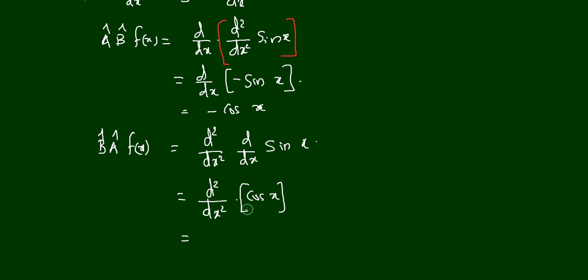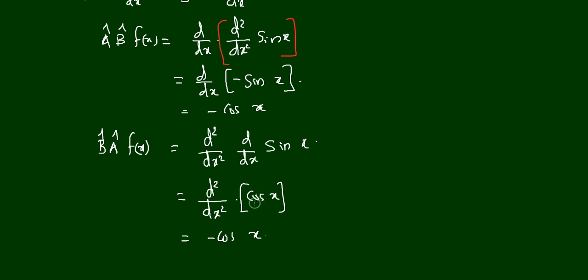What is d²/dx² of cos x? That is equal to minus cos x. You know how to do this? When we are doing d²/dx², we first take the first derivative.